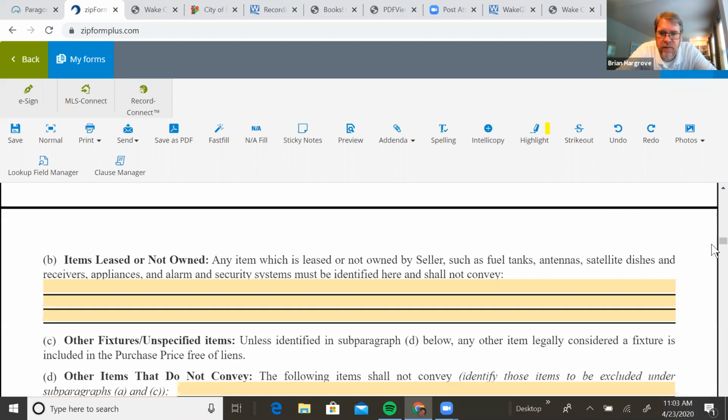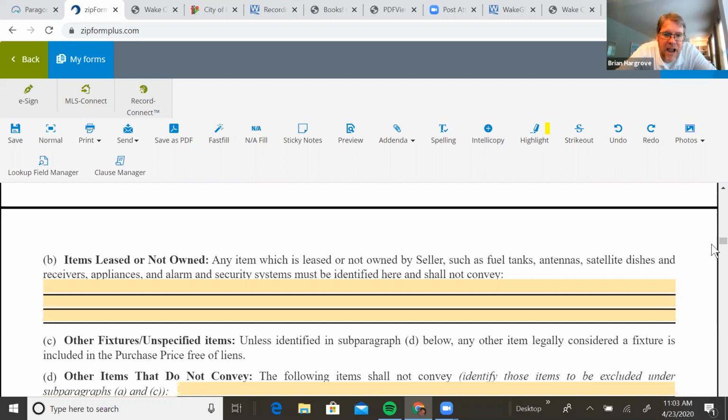So there's a couple places you can go to figure this out. But ultimately, it's up to the seller to correct this if you don't put it there. You represent the buyer. So it's perfectly okay for you to put, nah, there's nothing. Everything that's supposed to stay, stays. Right? So it's the listing agent's job to make sure that that's a correct statement, right?